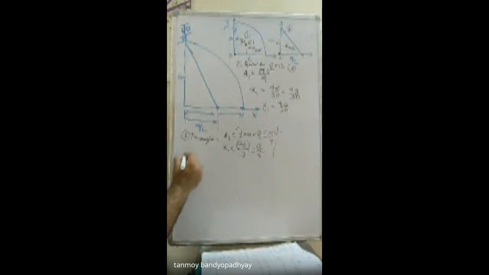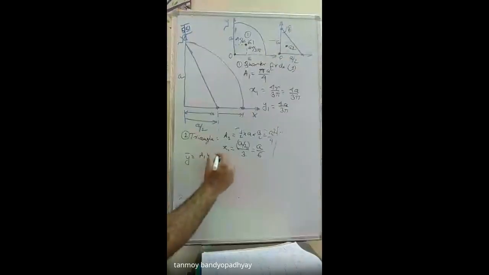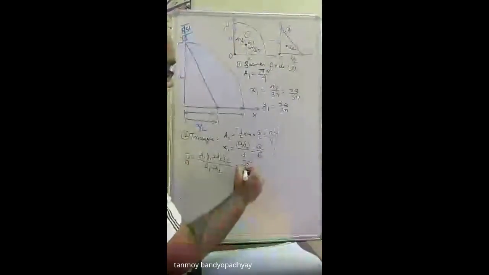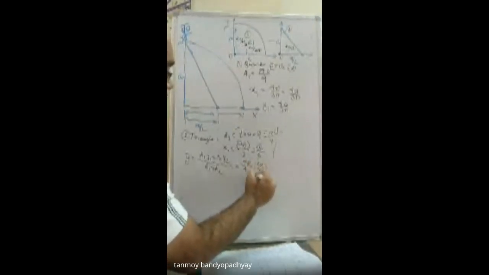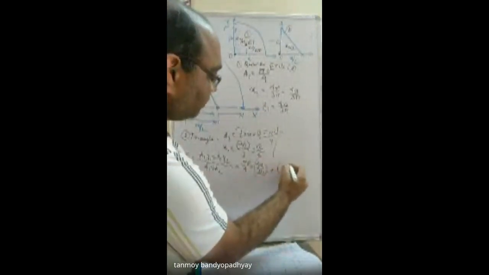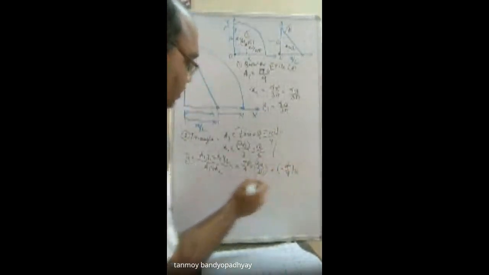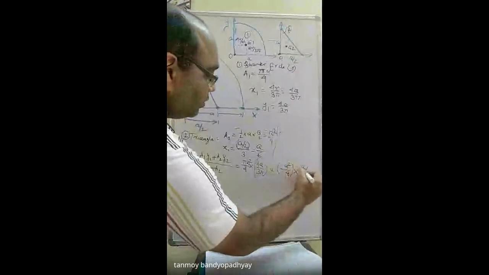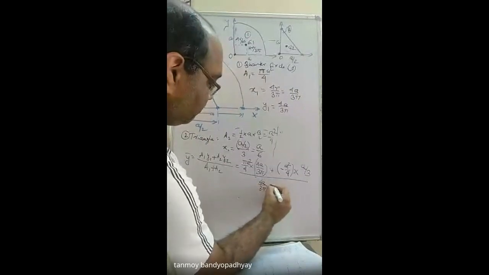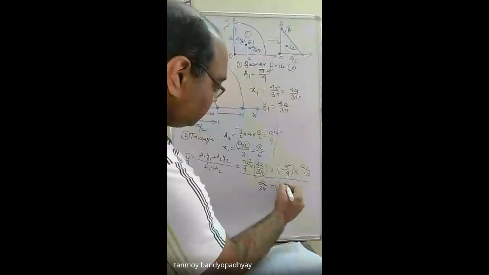So y bar is equal to a1 y1 plus a2 y2 divided by a1 plus a2. A1 is pi square by 4 into y1, where y1 is 4a by 3 pi, plus the negative area, minus a square by 4, into y2, which was a by 3, divided by a1 plus a2, which is pi square by 4 minus a square by 4.